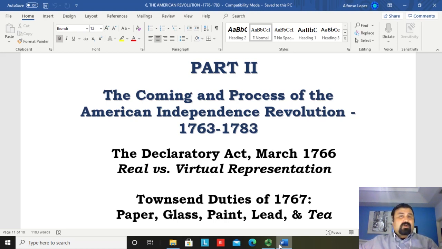So they acquired a large debt that they needed to repay, and they believed that one way to do it was to tax the colonies on the trade, particularly.